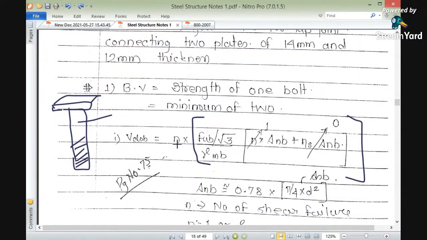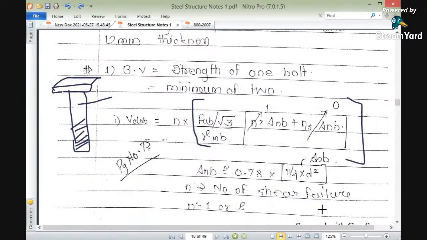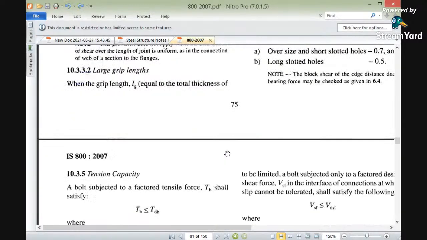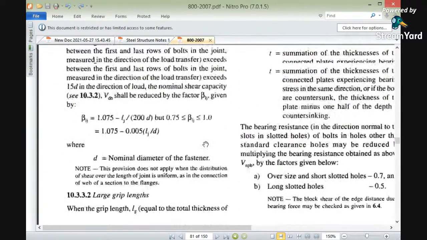So VDSB is multiplied by n. This formula has been mentioned in IS codes. Here we are assuming the number of shear planes, with the areas Anb and Asb. What is the formula? It has been given in IS code.